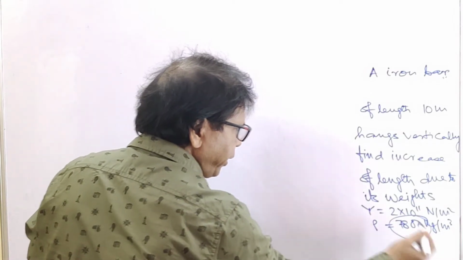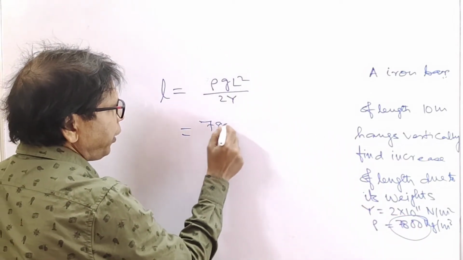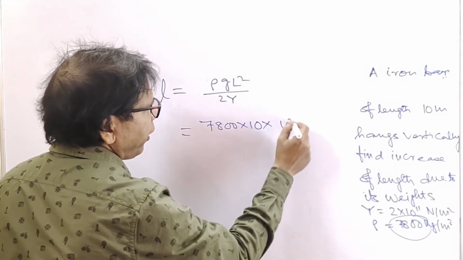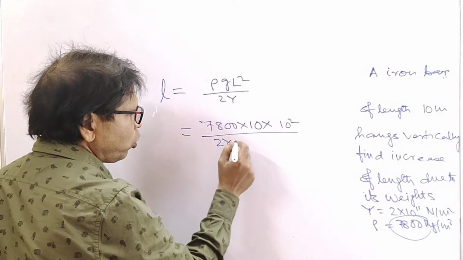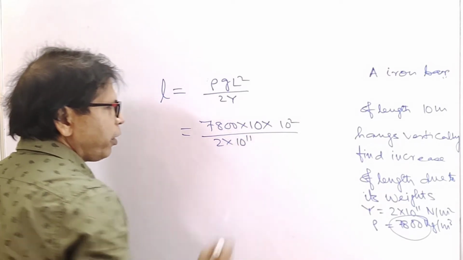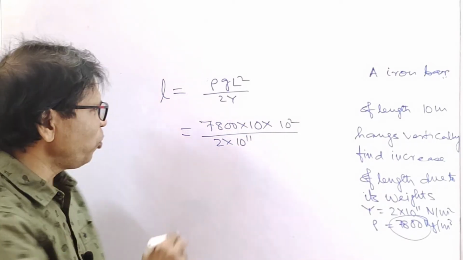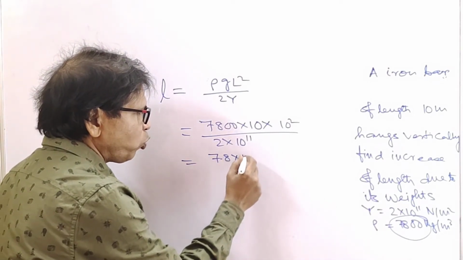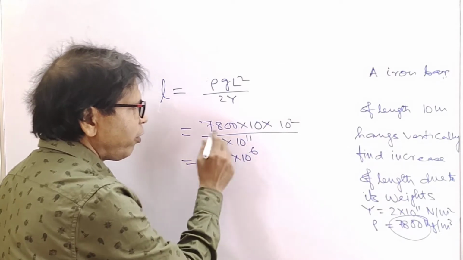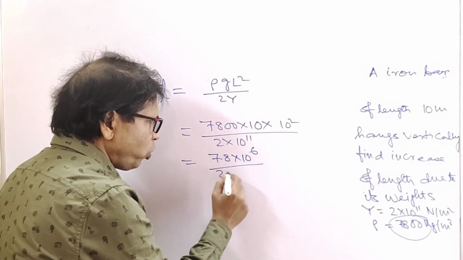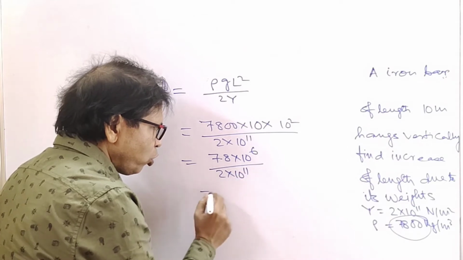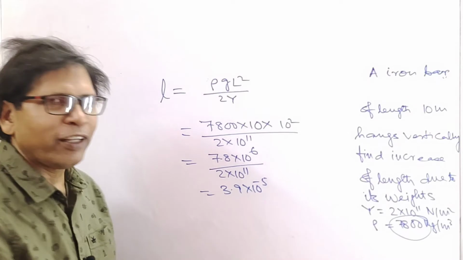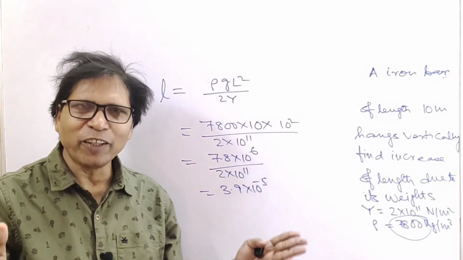Here rho is 7800, g is taken as 10, L is 10 square, and 2Y is 2 into 10 to the power 11 Newton per meter square. So this is 7.8 into 10 to the power 6 divided by 2 into 10 to the power 11. So 3.9 into 10 to the power minus 5 meter is the increase of length of the wire.